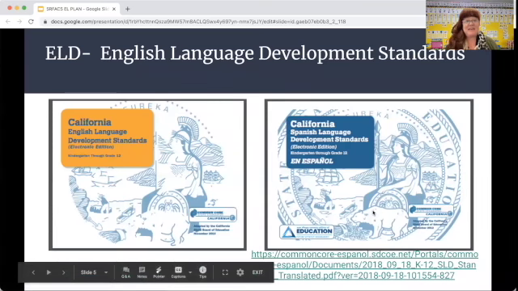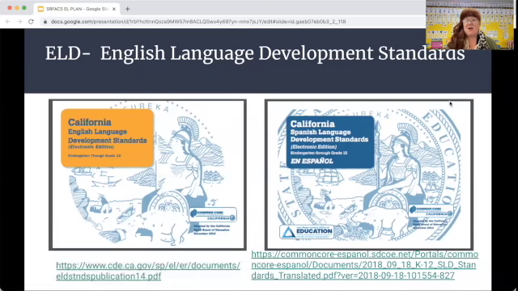The program is based on the ELD standards, and these are developed by the state of California, and they are the guidelines for English learners as a second language. These documents are found on the CDE, or California Department of Education website.